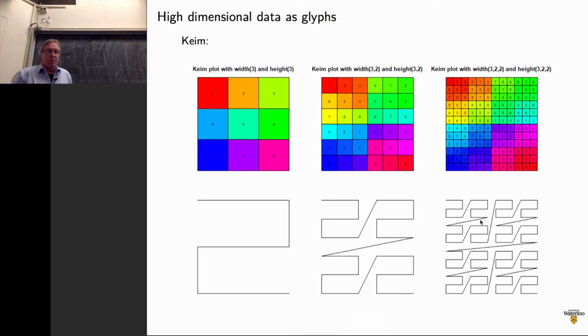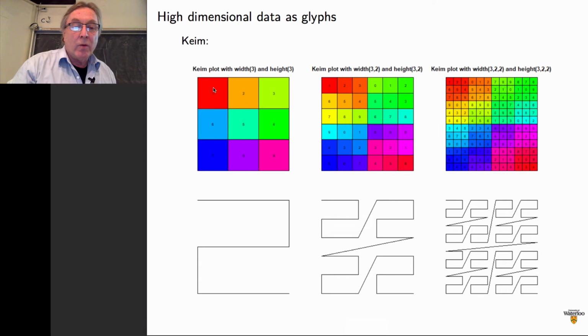This is Keim's proposal, a fairly recent proposal in the 2000s for visualization purposes. Keim's view is that we often have ways that we would like to specify the layout.